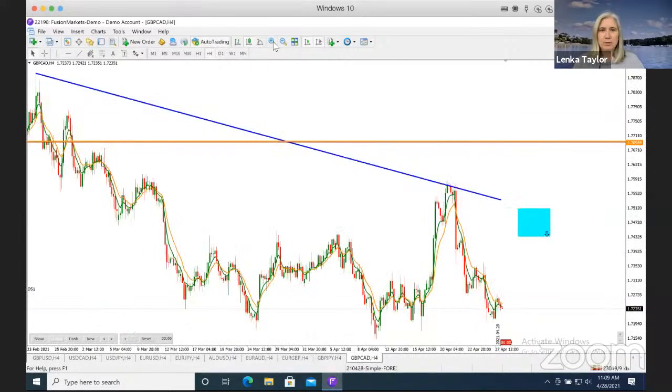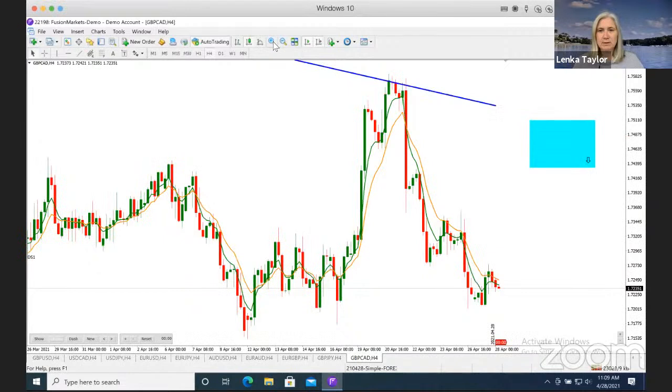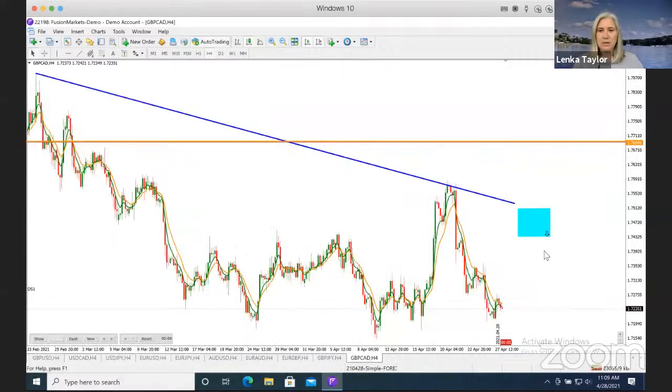So to get in on the 4-hourly chart, I would be looking for a pullback all the way up to this trend line would be ideal, and then looking for a short. Just in case it stops around in this area, then we want it to be as high as possible. Otherwise, if it keeps going down, then looking at retest around here. But yeah, at the moment, let's see if it's going to come back to there.